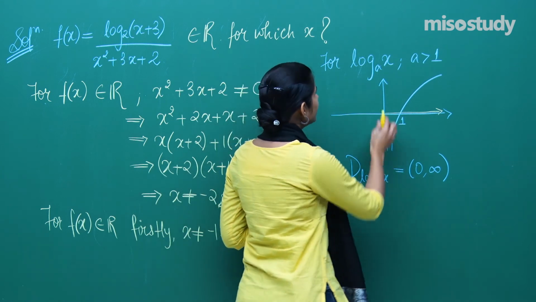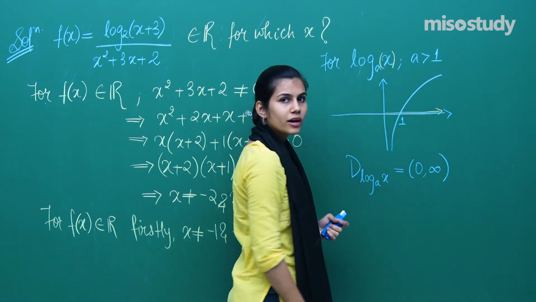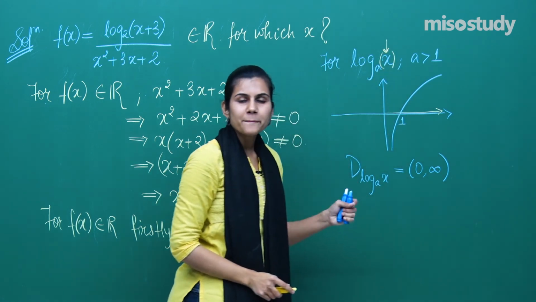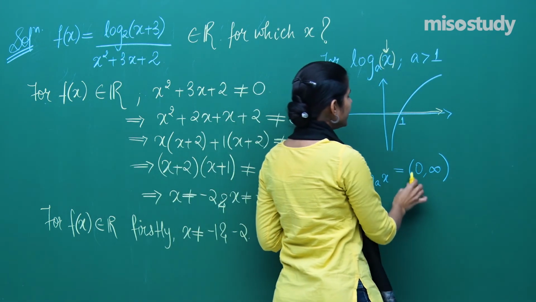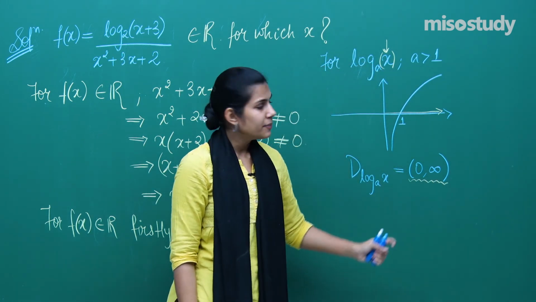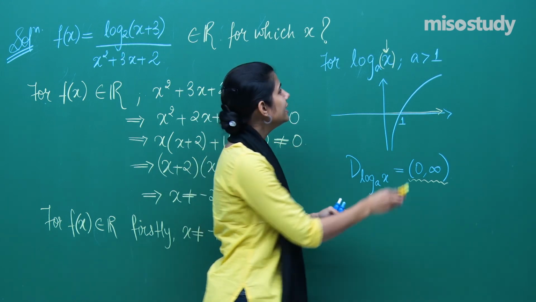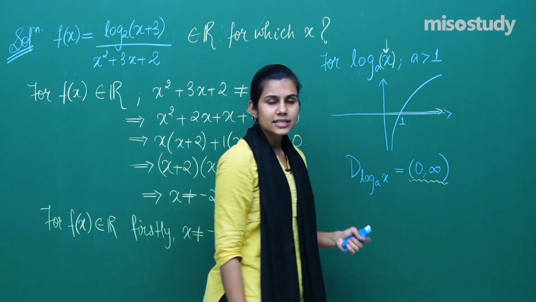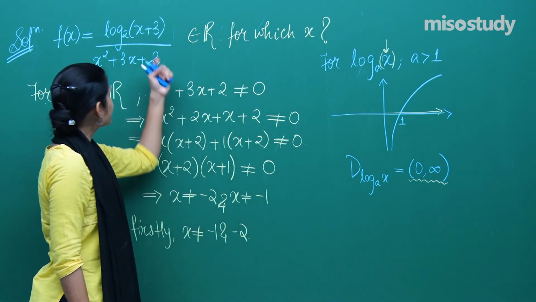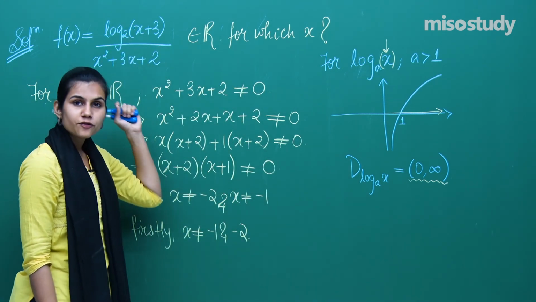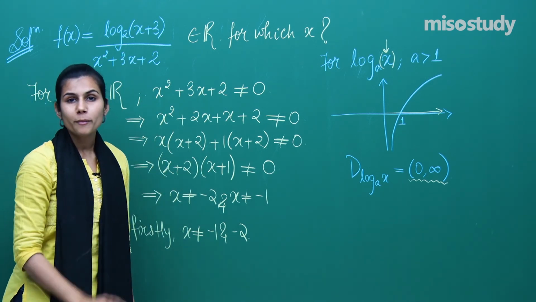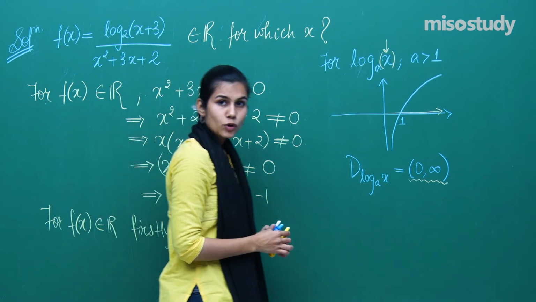That means when you are talking about log x, only those members can enter which come from the interval (0, infinity). If there is any real number not belonging to (0, infinity), it cannot go and sit inside log x. That means log of (x plus 3) to the base 2 is defined only when x plus 3 belongs to the interval (0, infinity).